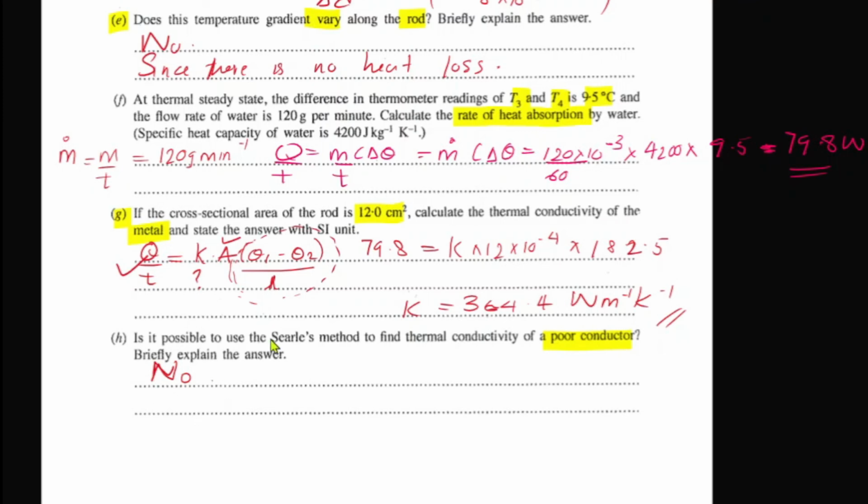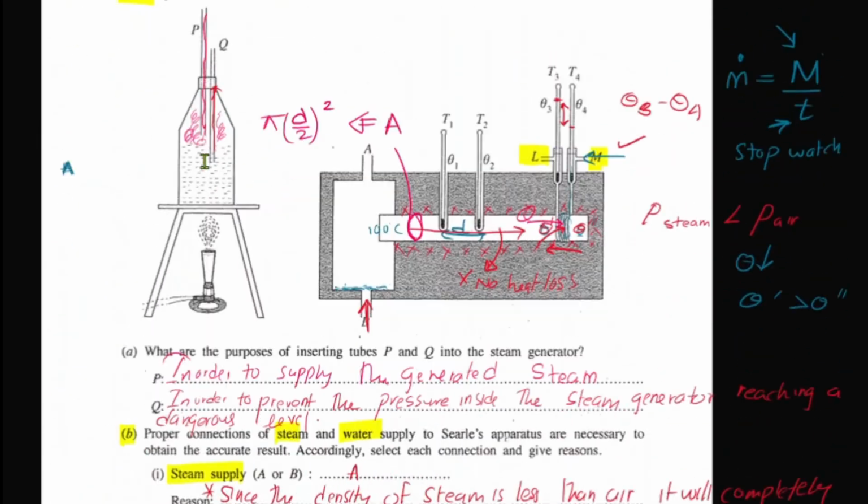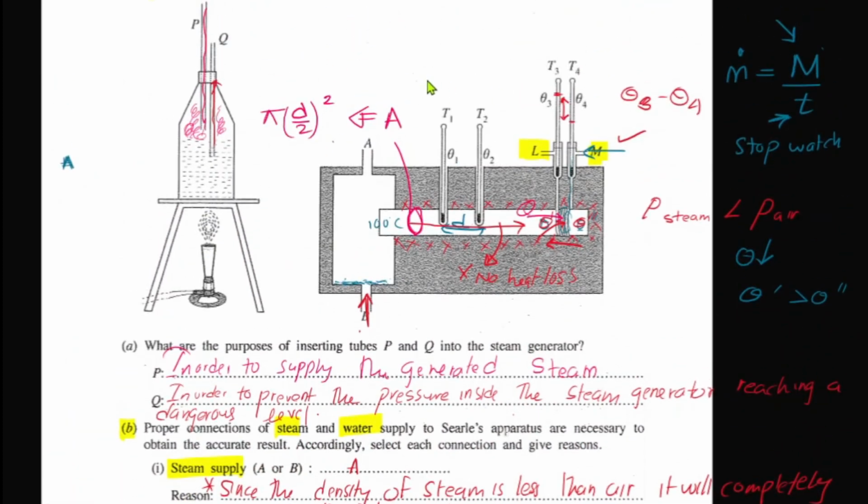The reason is that in a poor conductor, the temperature gradient would be a very small value. We will not be able to get a very large temperature gradient, and if it is quite small, we won't be able to proceed with the experiment.